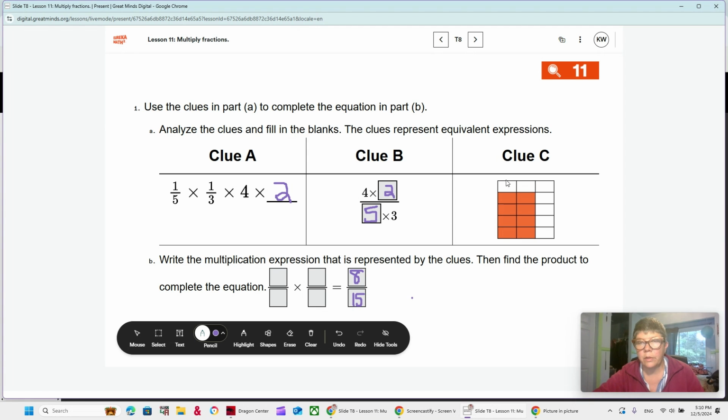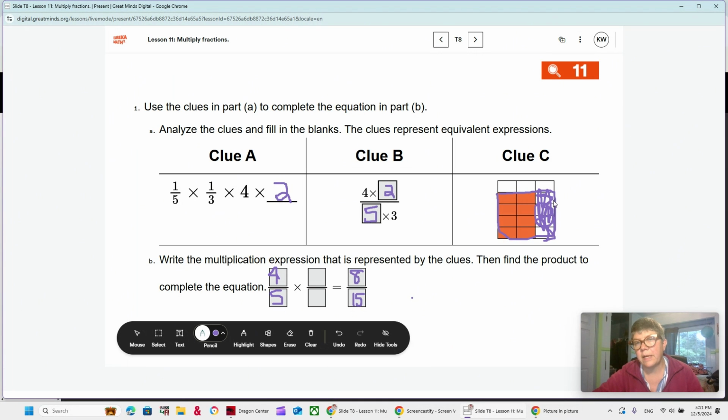And we're looking at our area model here, and we want it to match the area model. We could see that we have 5 sections here. So this is 4/5. And like I usually say, this would be colored in. The orange is just the overlap, right? So that is 4/5.